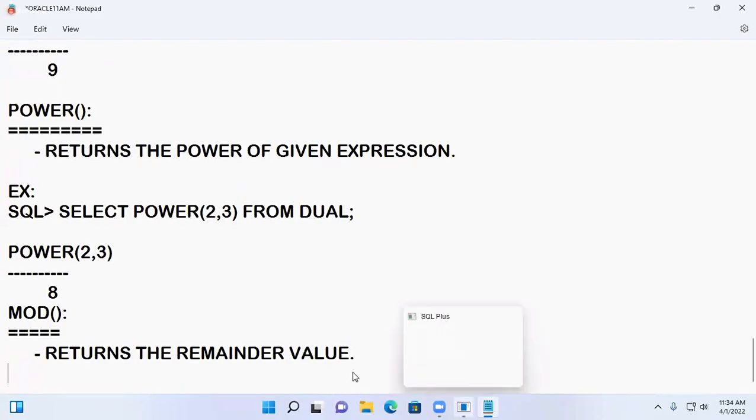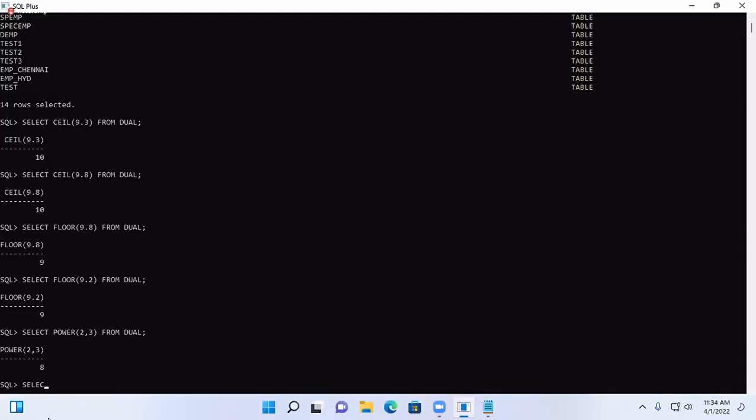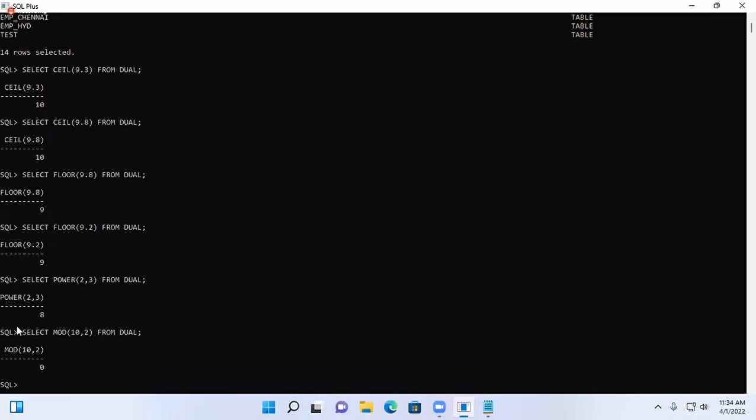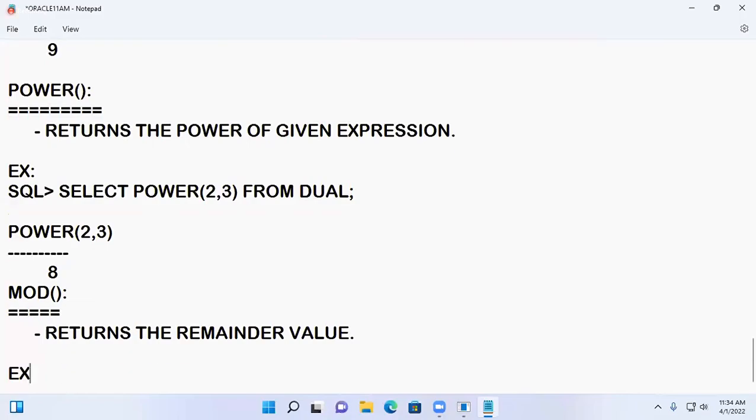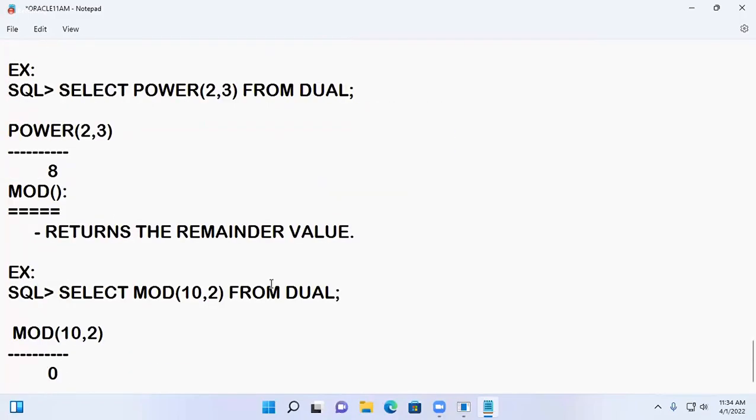For example, if I give select MOD of 10 comma 2, what is your remainder? 0. The remainder is 0. Okay, next.